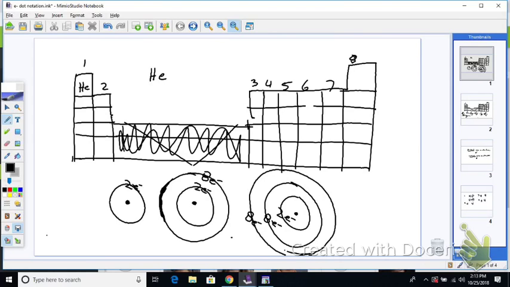What's the most that I can have around any symbol? 8. Right? Because I'm only going to show the outer one. I'm never going to show electrons associated with the inner one once we get past a certain number of electrons. So for helium, I'll show 1 dot, and that's called the electron dot notation for helium. It has 1 dot, I'm showing that dot, and then I know that that dot represents an electron, and it's in the outer shell. Any questions on that?